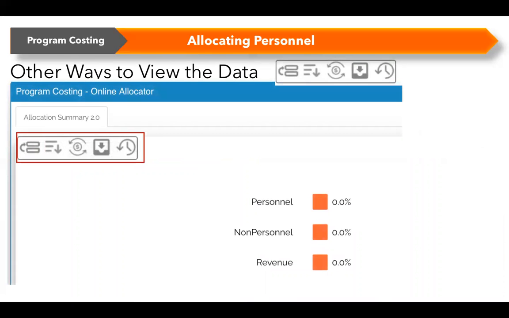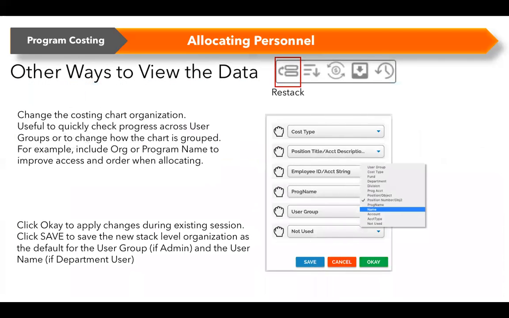Just to highlight a couple of new features within the cost allocation tools, this is available from this home screen, so you can access this whether you're allocating personnel or non-personnel. If you click this restack button, it will allow you to change the way that you view the data. Currently the default is cost type, position title, and then specific position.